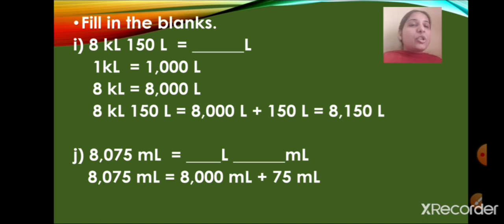So you know children that 1000 milliliter is equal to 1 liter. So 8000 milliliter would be equal to 8 liters. In place of this 8000 milliliter we can write 8 liter here, isn't it? So the answer would be 8 liter and 75 milliliter. That was asked in this question.